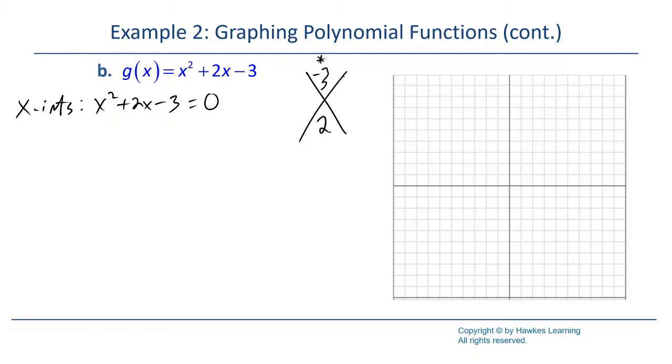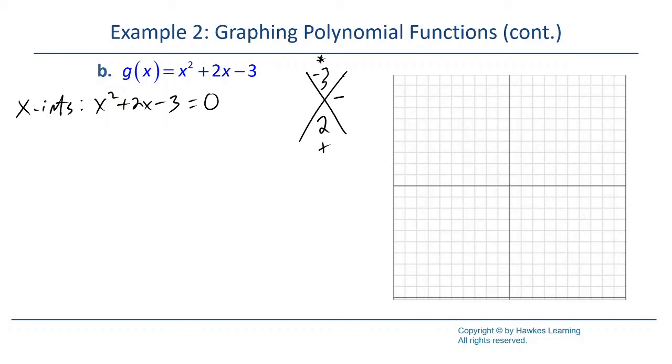And then what adds to get me +2? So what two numbers fit that bill? Well, if I'm going to multiply and get a negative, one of them is going to have to be positive and the other is going to have to be negative. So the only two things that are going to multiply to get me -3 are if I do 3 and -1 or 1 and -3.